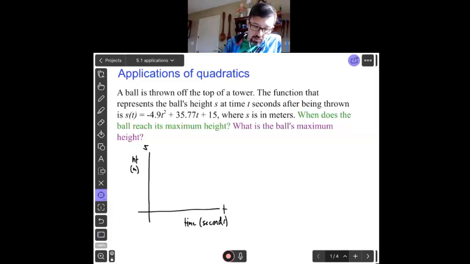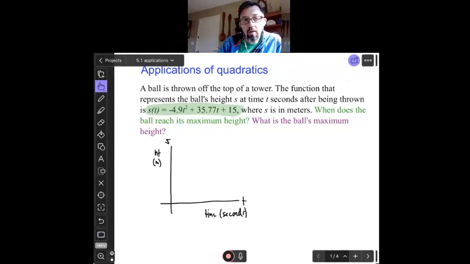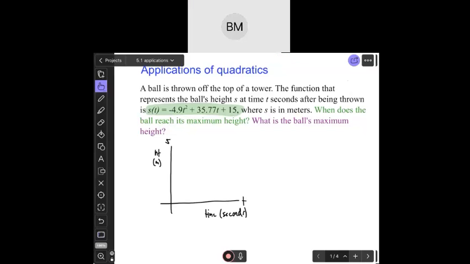Then there should be about three things you guys should be able to tell me about this graph so that we can sketch it. What are some things we know about this graph? Is it a parabola? How do you know it's a parabola?